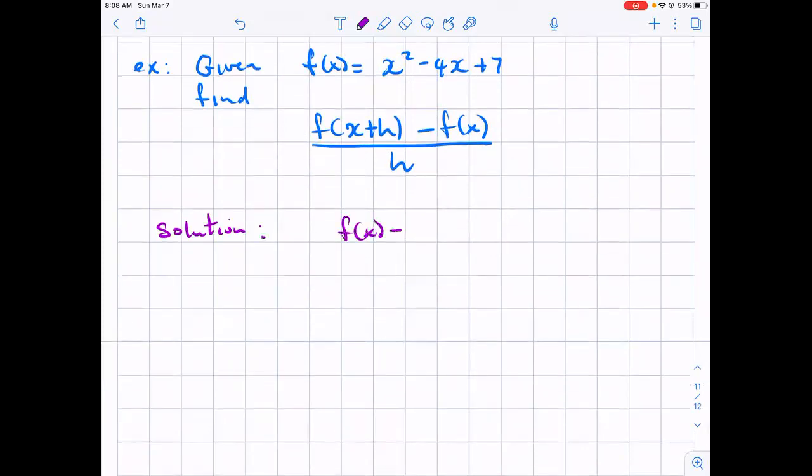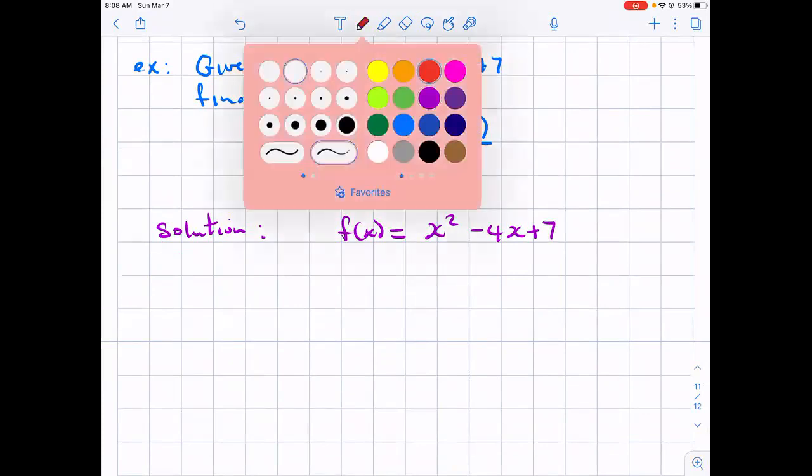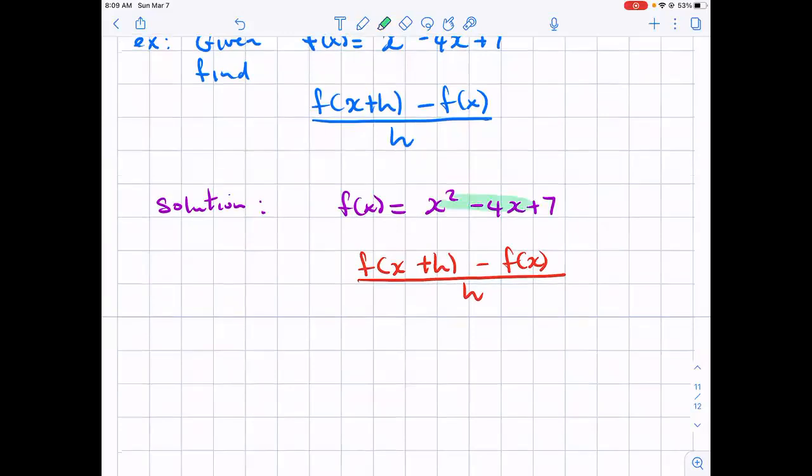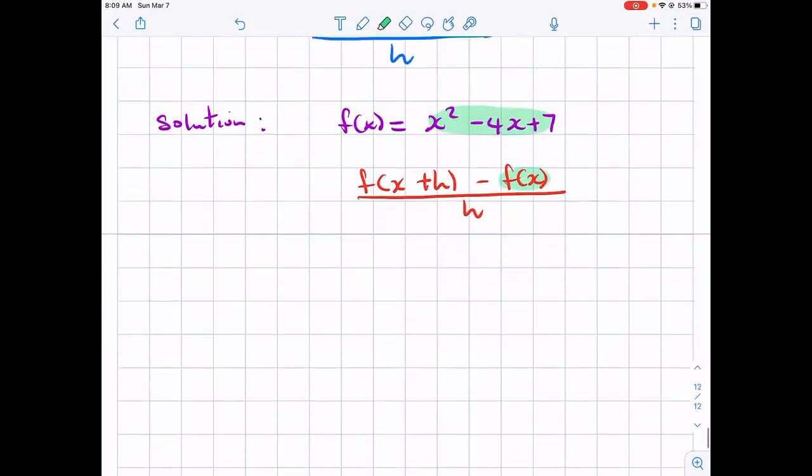f of x is given to us as x squared minus 4x plus 7. And we know that the difference quotient is f of x plus h minus f of x, everything over h. So notice this is really this, but we have to find this guy.